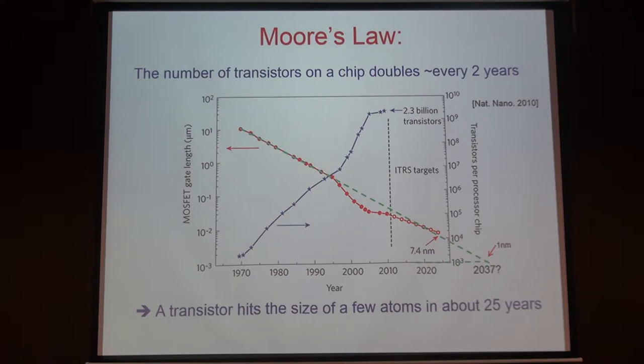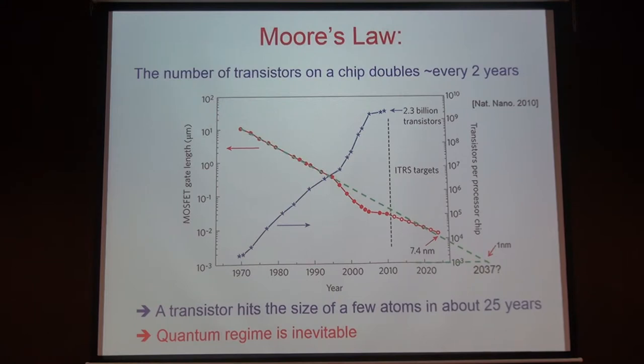So maybe in about 25 years, we will see the end of Moore's law, or maybe even before that, because it's probably too much money to make the transistor. So the quantum regime is essentially inevitable. So this means that we have at least 25 years to think theoretically about how we can make progress before we hit this barrier.